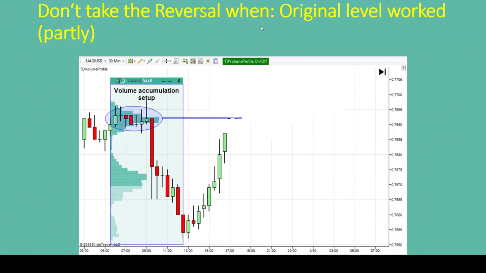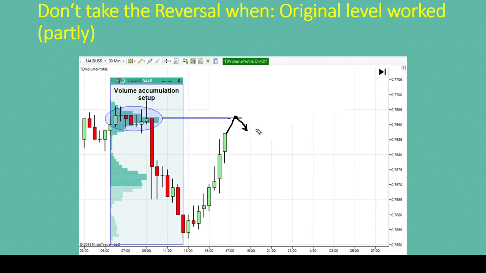Don't take the reversal when the original level worked partly. This means that there was sort of a reaction to the level. It wasn't really significant. Let's say that it was, for example, just 7 or 8 pips. But still there was a reaction to the level.